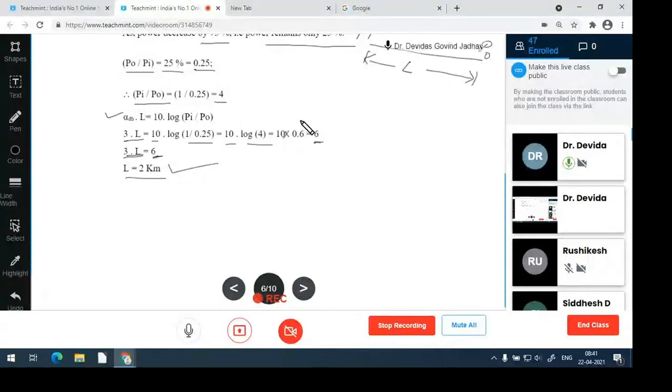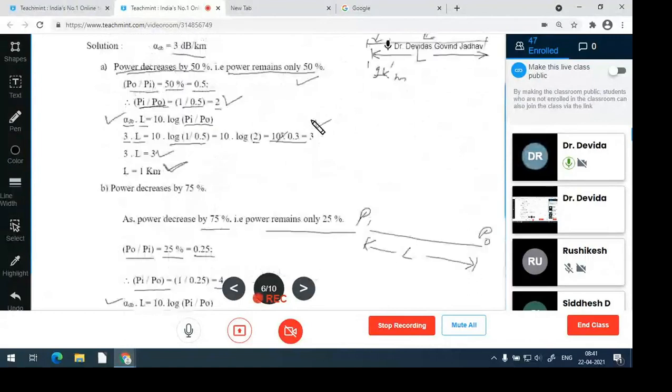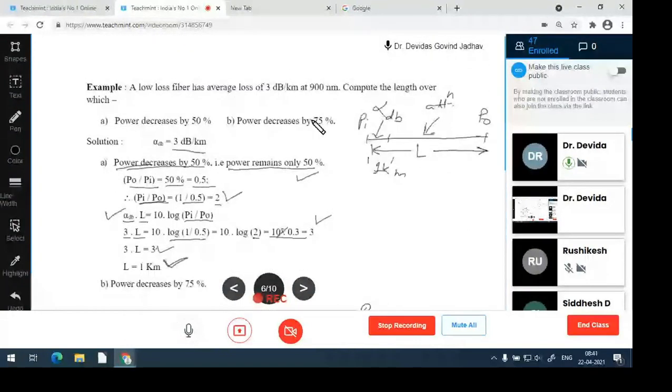So we have solved this problem of a fiber which has some alpha over some length: if power decreases by 50%, what is the length at which it decreases by 50%, and if power decreases by 75%, what is the length at which it decreases by 75%?